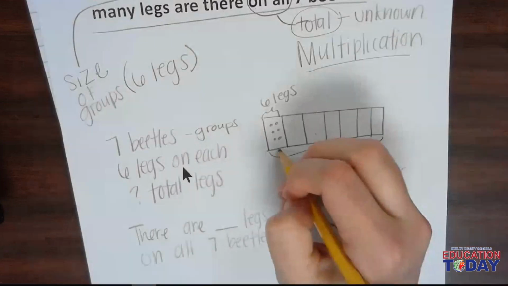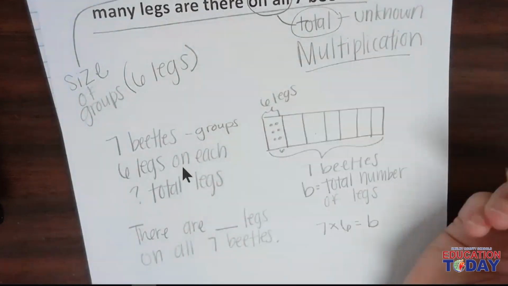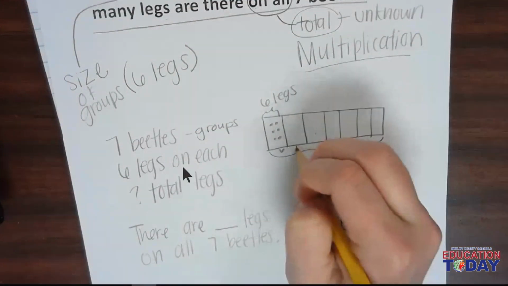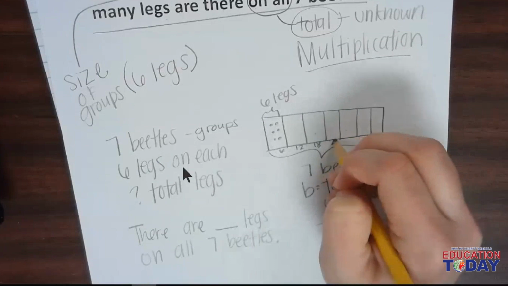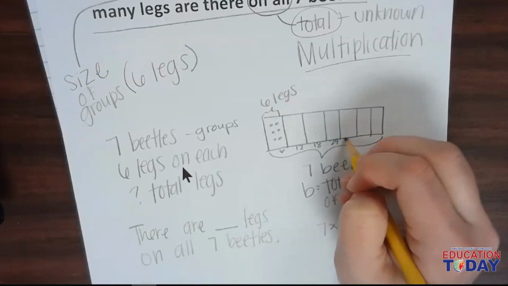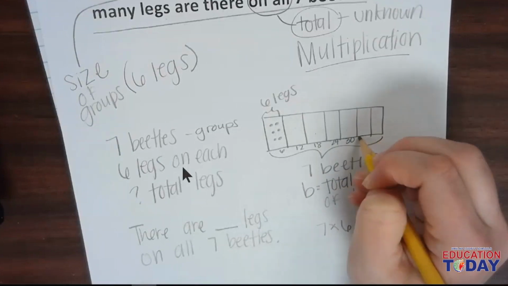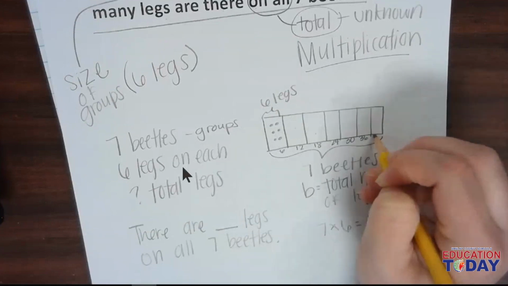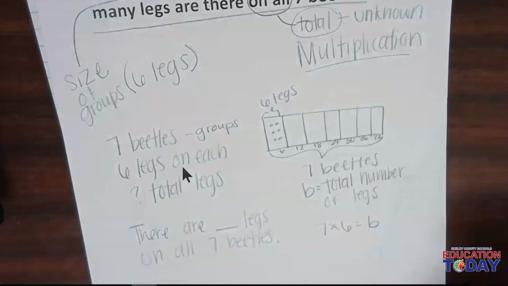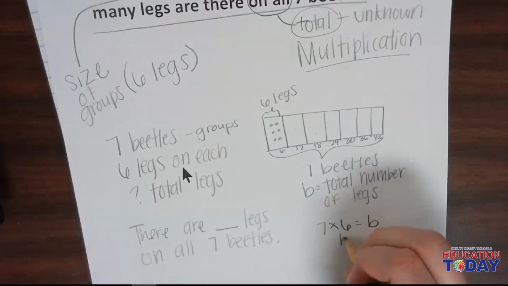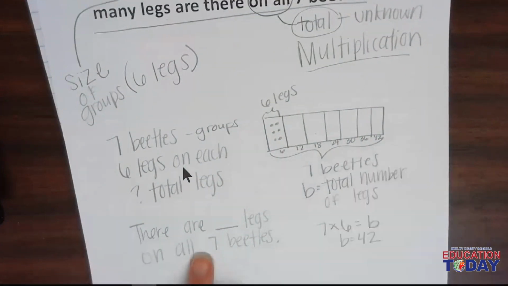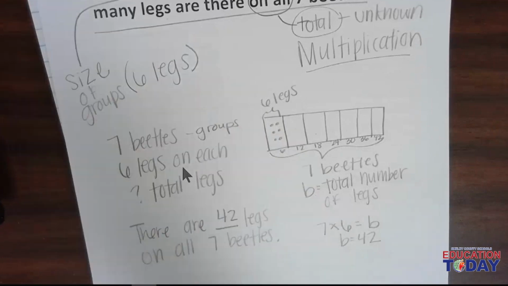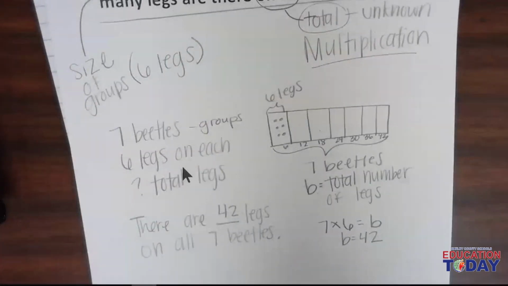I know how to count by 6s. 6, 12, 18, 24, 30, 36, 42. So B equals 42. So there are 42 legs on all 7 beetles.